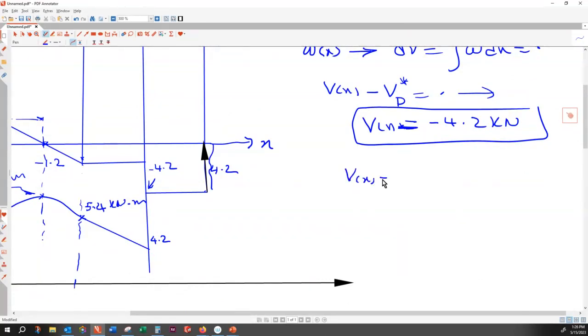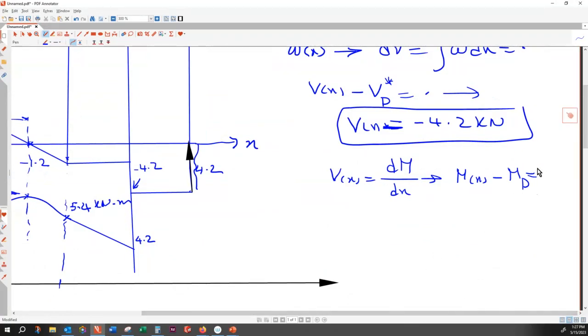So I would have V of x is equal to dM over dx, and therefore this is M of x minus M of D is equal to integral of minus 4.2. So that I can find that M of D is equal to 4.2.